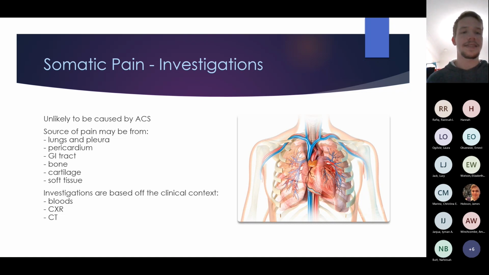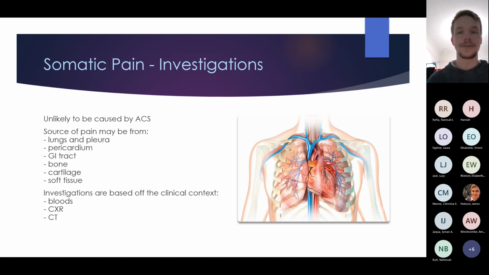And as I've said, the investigations you do are going to be based off the clinical context. So I've just put some bloods, a chest x-ray or a CT. So if someone came in with chest pain and, for example, a cough and shortness of breath, you're going to be more directed towards a lung issue. And because of that, you're probably going to do a chest x-ray.